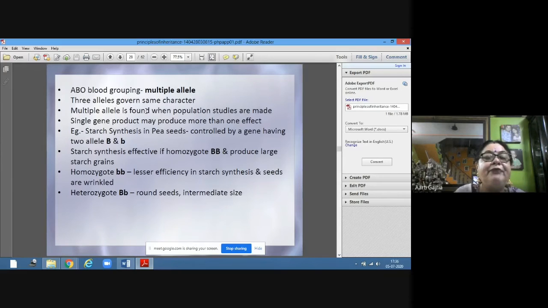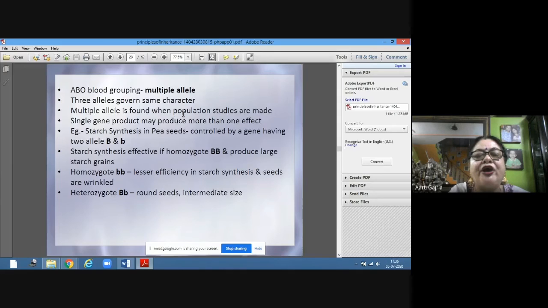Now multiple alleles are found when population studies are made. What does this sentence mean? Multiple alleles can be found only through population studies. If you are studying only one human being, then you would be finding only 2 alleles, because every individual has only 2 alleles.